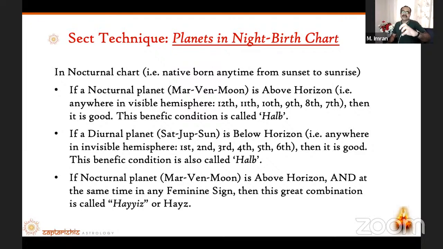So these are nocturnal planets in a nocturnal hemisphere and also in a nocturnal sign. This is a concurrence, or repetition, of three factors, right? If all three factors are aligned together, this is a great combination. It is called hayyiz in traditional Western astrology.